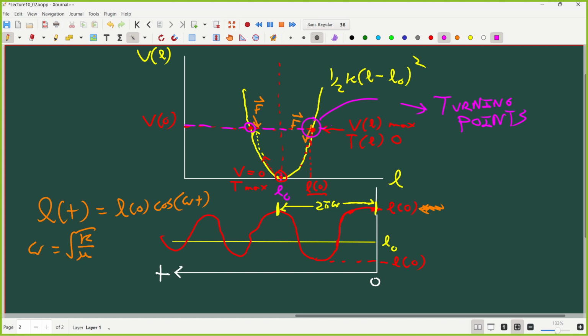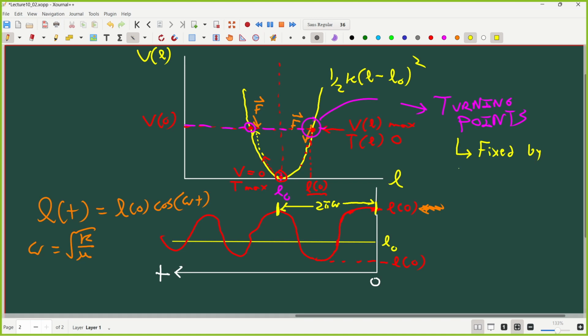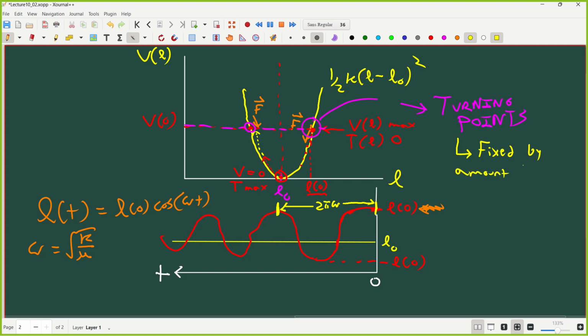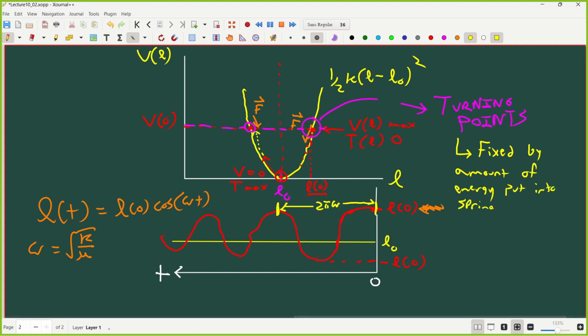So these are fixed for a classical spring, fixed by the amount of energy put into the spring. They're the maximum extents of the spring, the maximum displacements.